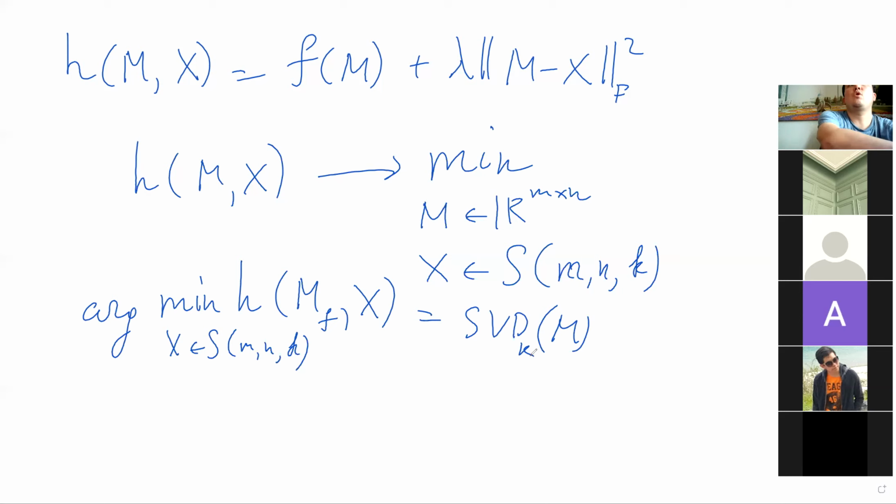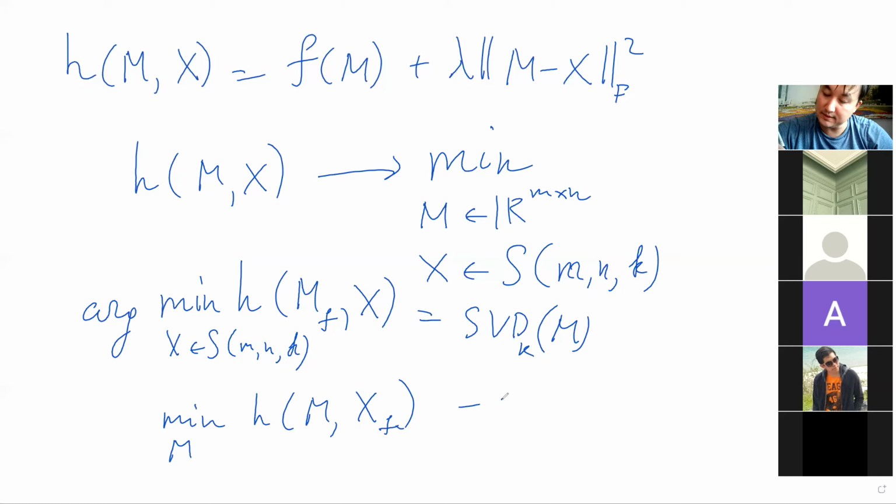So the minimization over x for given m can be done easily. Moreover, for fixed x, the minimization of h of m is unconstrained convex optimization. So this is, roughly speaking, a convex optimization problem.